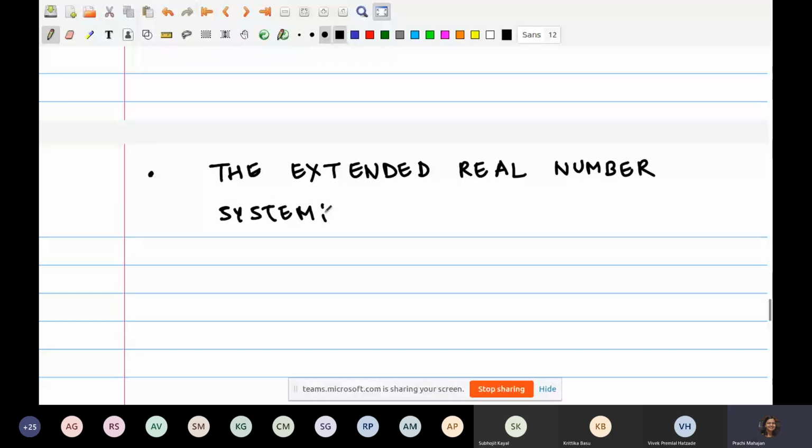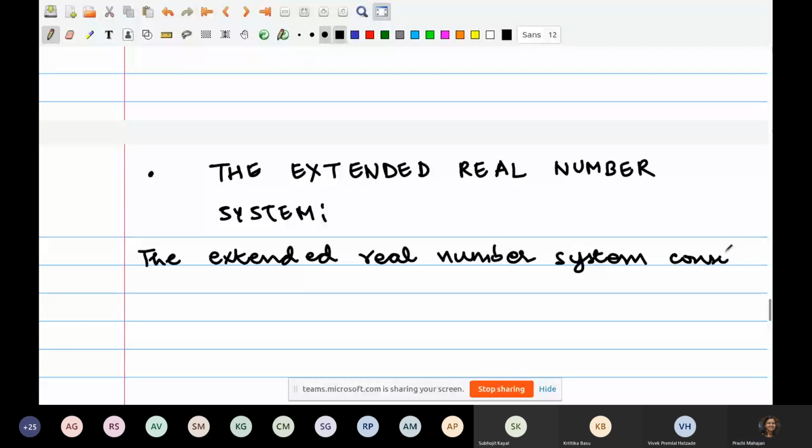All right. So what does it consist of? Let me write that down. The extended real number system consists of, so what does it consist of?